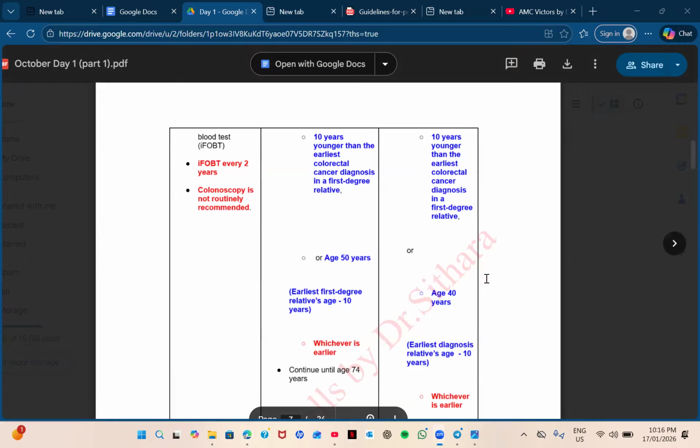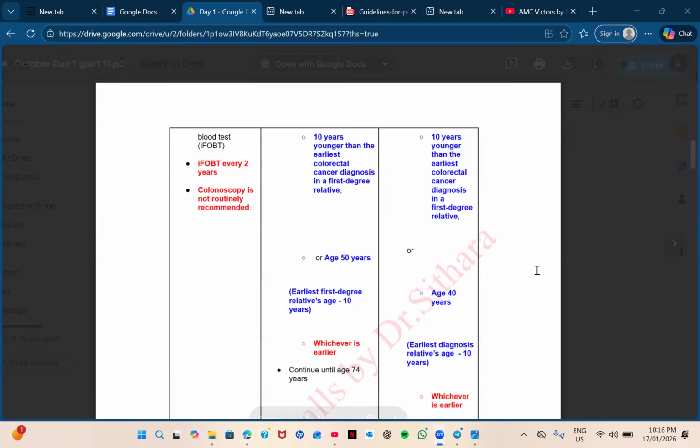Because the guideline says that we have to take the younger age. Since father was diagnosed at 55, ideally 10 years younger is 45. But the guideline says the age at which the first degree relative is diagnosed minus 10, or 40, whichever is lower. Since 40 is lower, we have to start at 40.